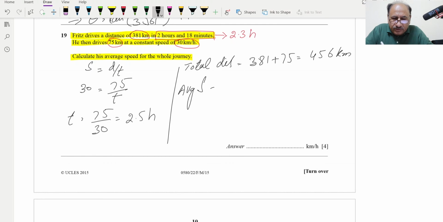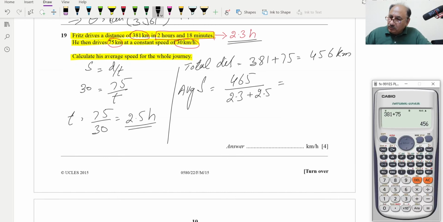So average speed will be equal to total distance covered divided by the total time, and total time will be this time plus this time. So 2.3 hours plus 2.5 hours, and this will be equal to what? We will calculate 456 divided by 2.3 plus 2.5.